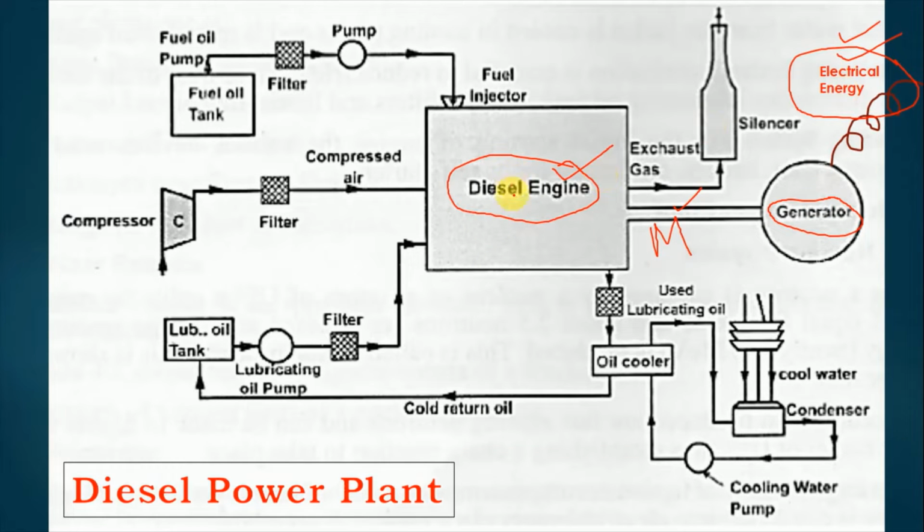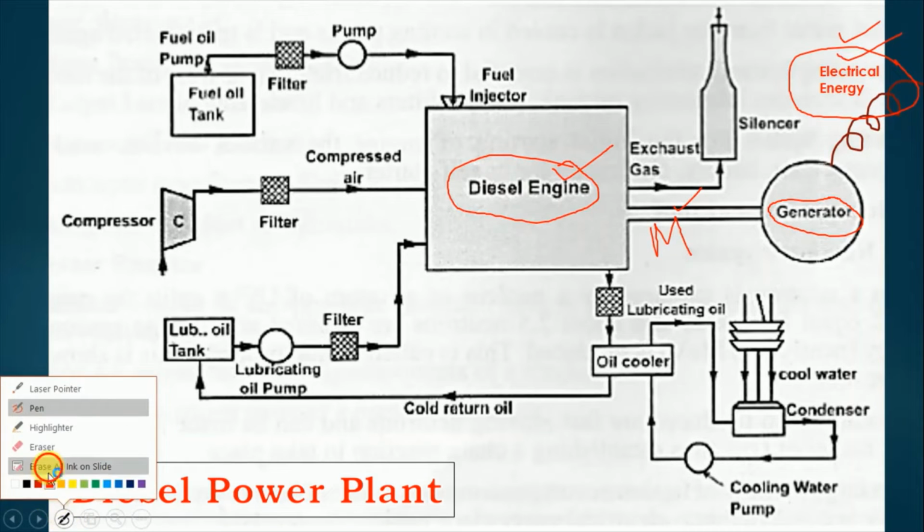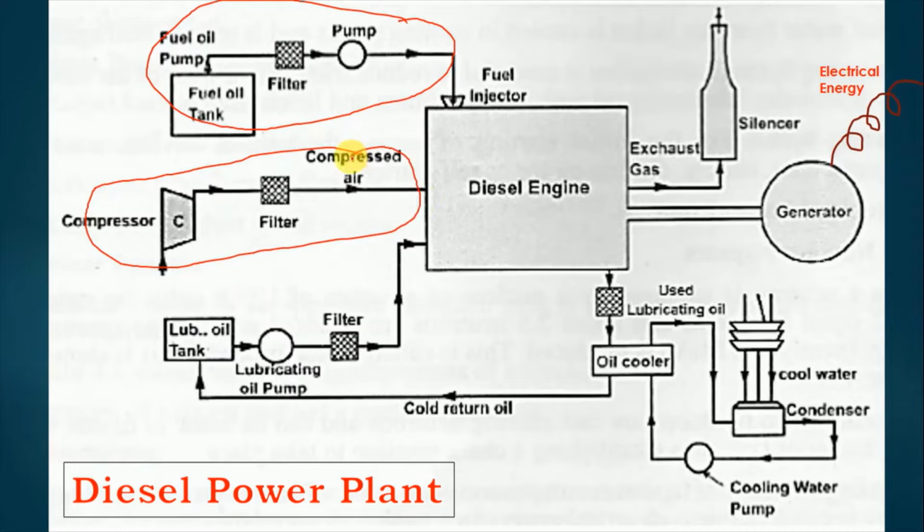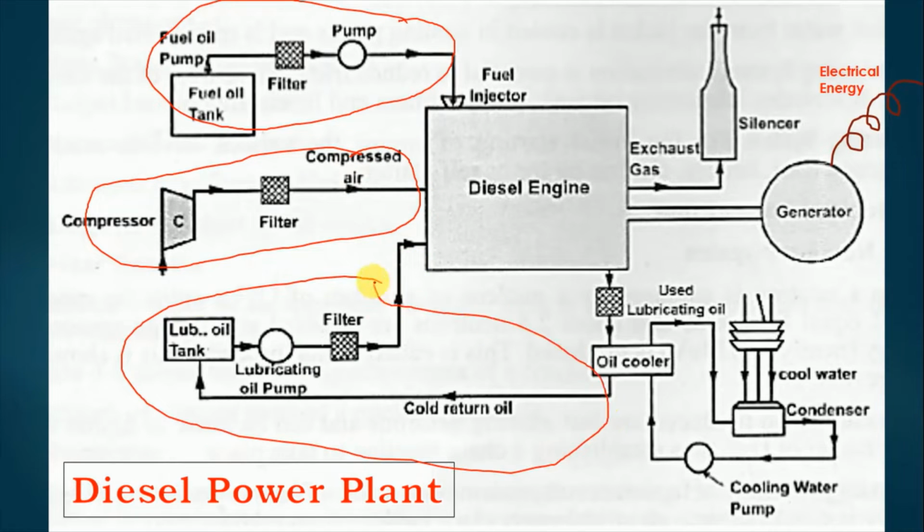For running this diesel engine there are various other components. If you see here, this first line is what is called the fuel line. Then the next line is the air line. This particular system is the lubrication system.